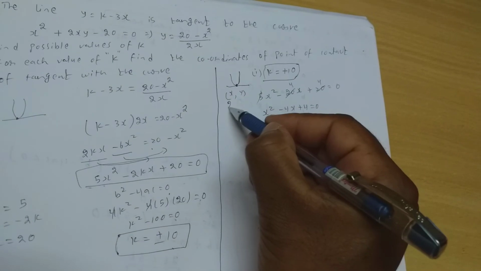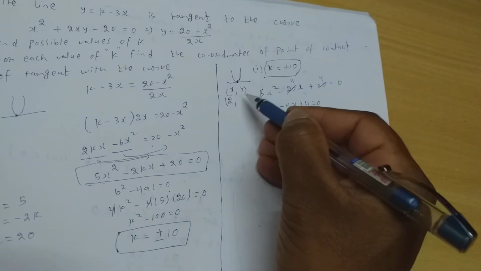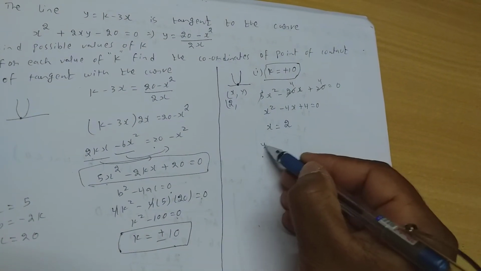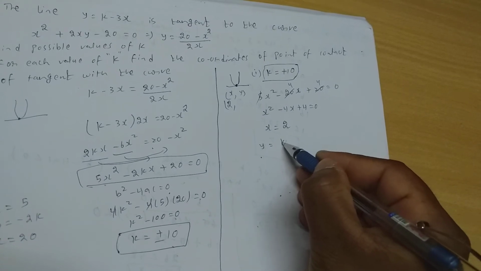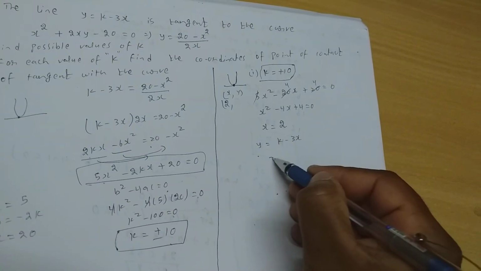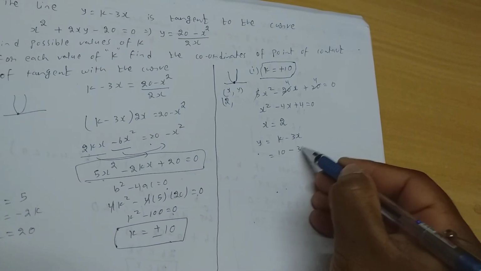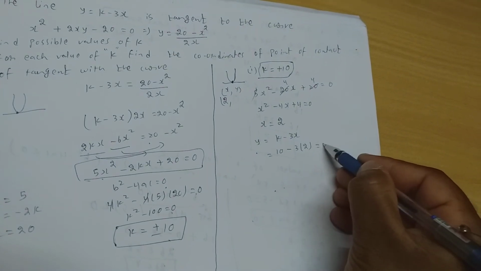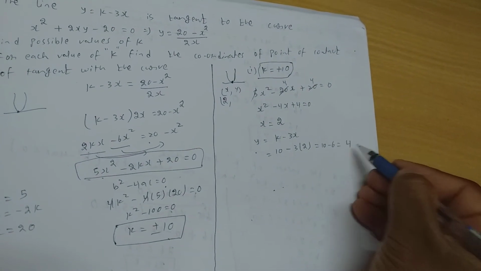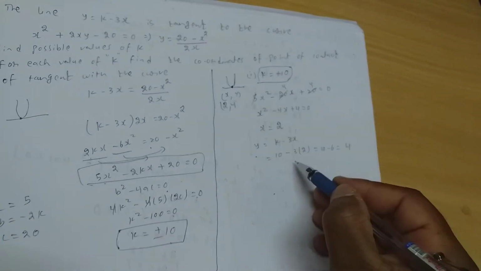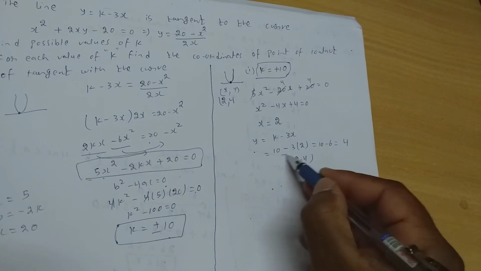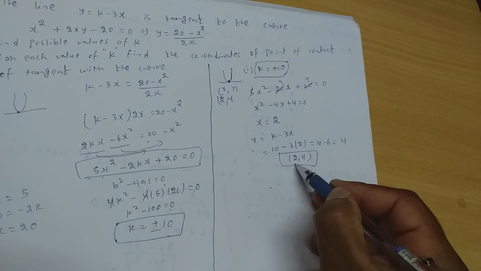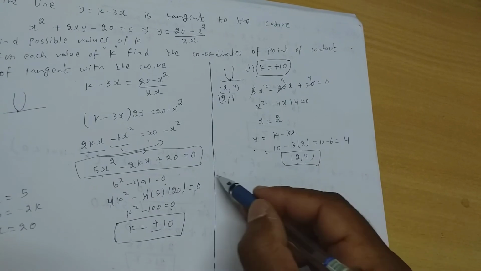Now, how much is the y value? In the line equation it is nothing but y equal to k minus 3x. In place of k it is 10 minus 3 times 2 equal to 10 minus 6 equal to 4. So the coordinates of my point are 2, 4, the point where the line and the curve meet.